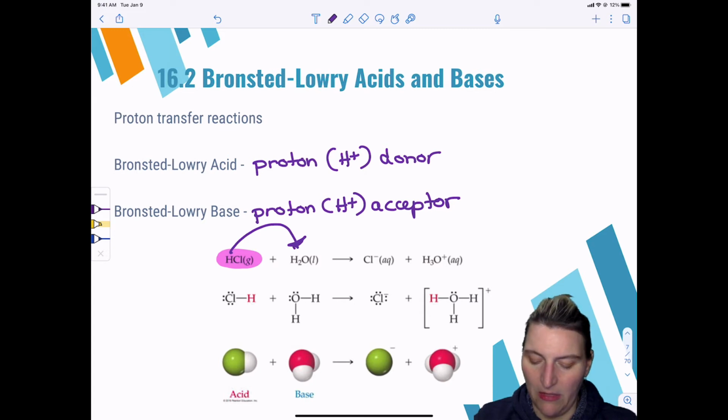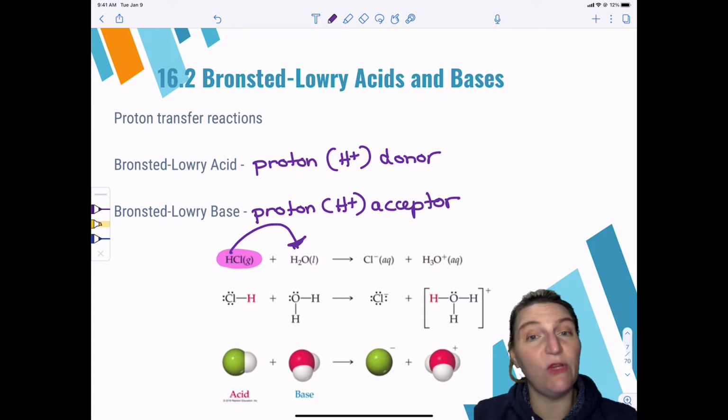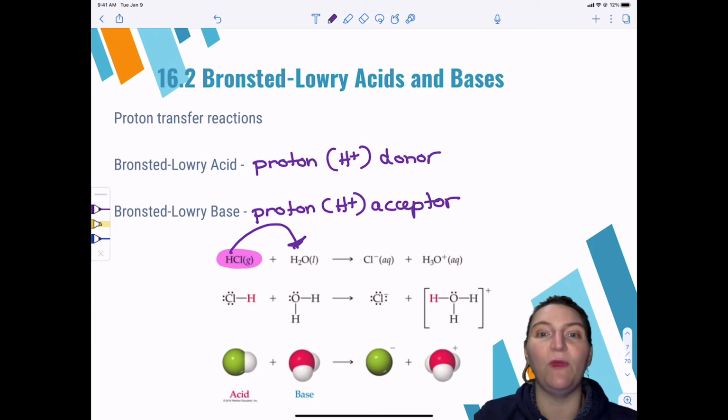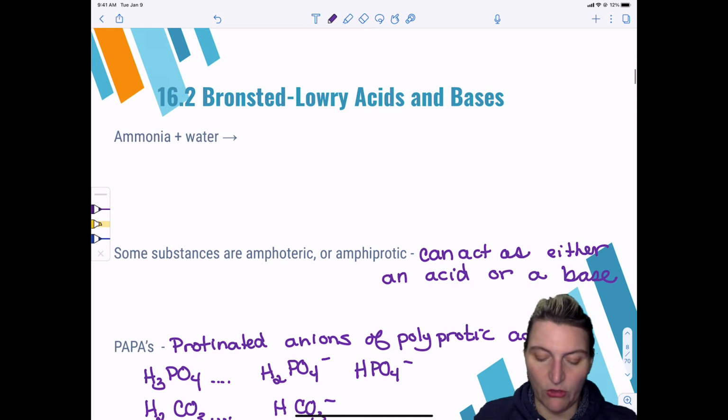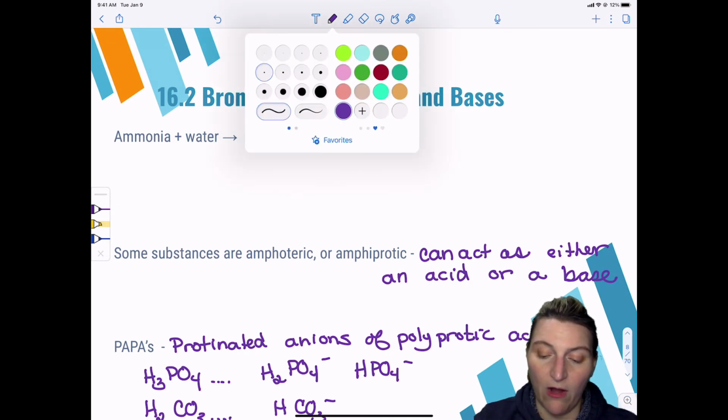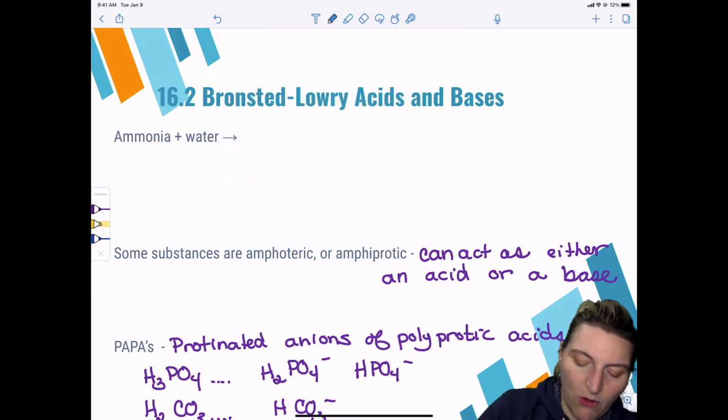And that is the first time that we're going to see water labeled as a base, which is strange because we think of water as being neutral. And that becomes even more strange when we start looking at the balanced chemical equation for ammonia in water. So ammonia is the chemical compound NH3.